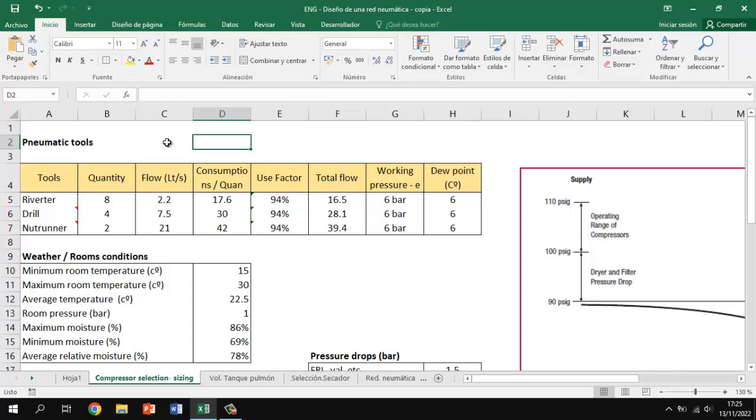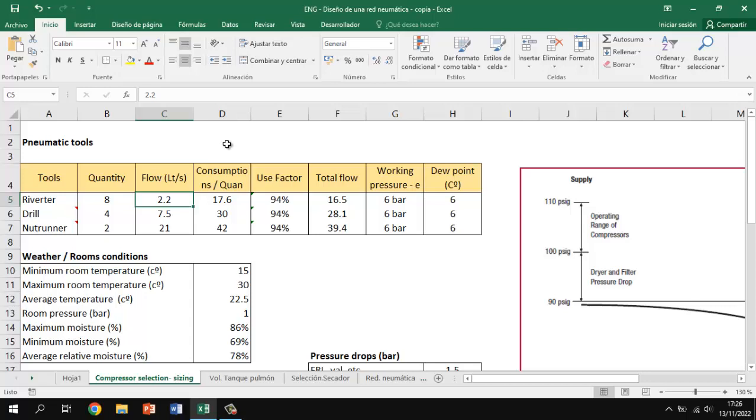So the first question you should ask is how many tools I will have. In this case we have a reverter, 4 drills, 2 nut runners. This is something I imagine; you could put more or less. That depends on you. And then you search in the data sheet for the flow of these tools. In this case it is 2.2.